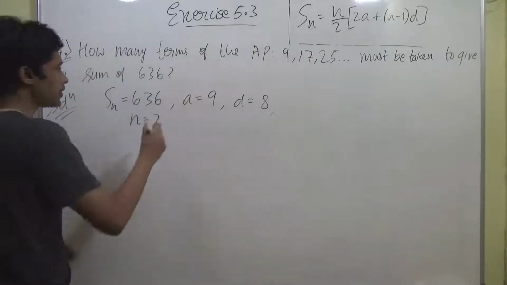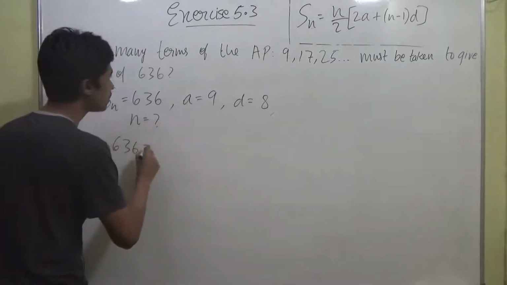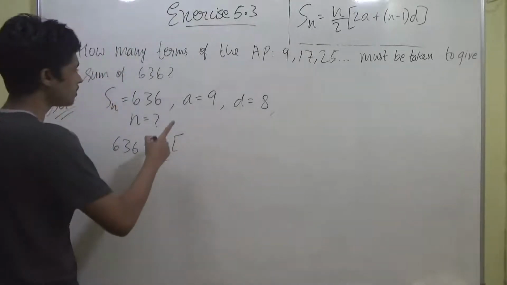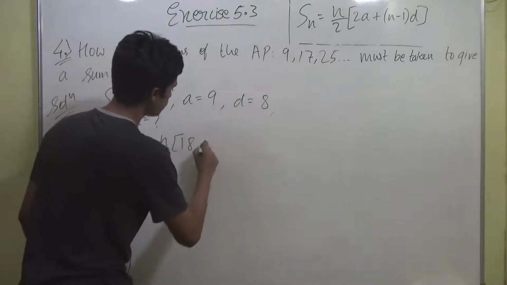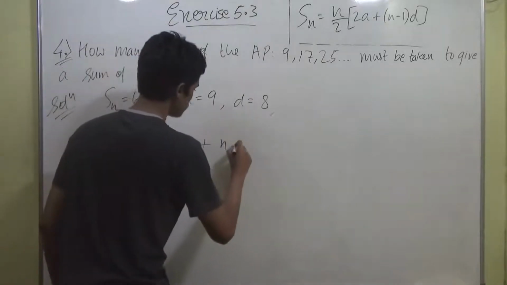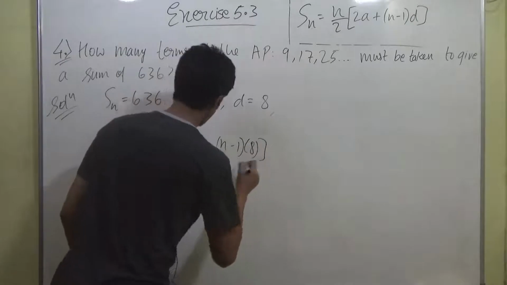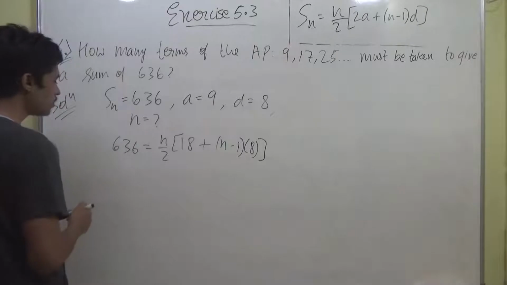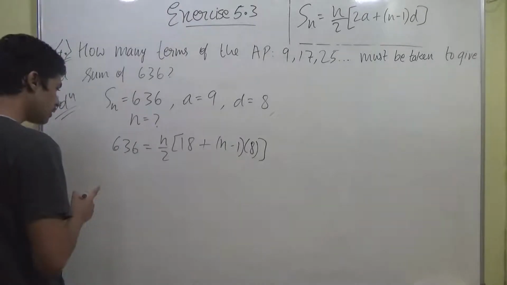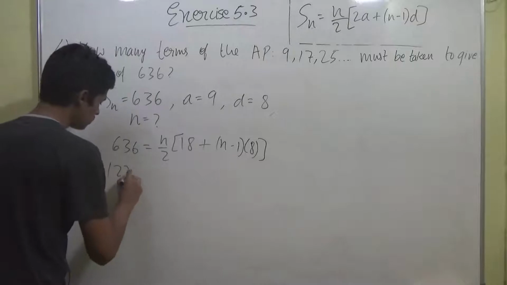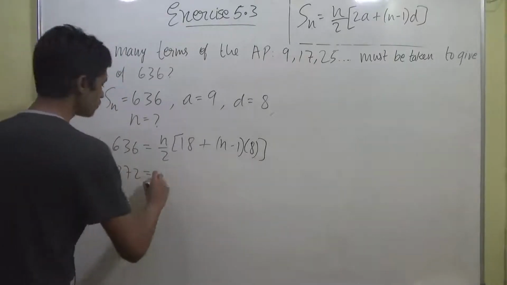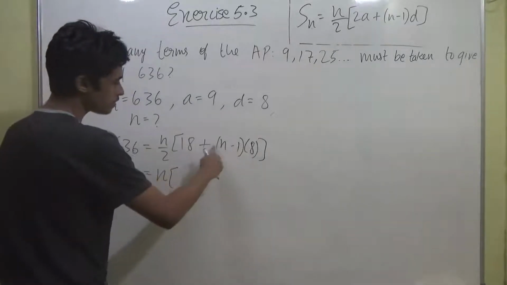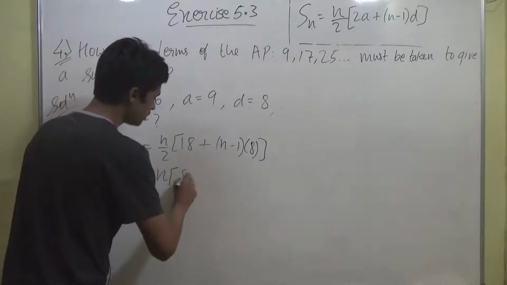So let's put all these values into that equation. It's going to become 636 equal to n by 2 bracket 2a, and 2a becomes 18 because 2 into 9, plus n minus 1 into d, which is 8. Now let's find the value of n. When you cross multiply, this is going to become 1272 equal to n into, inside the bracket, 18 minus 8, so 10, plus 8n.